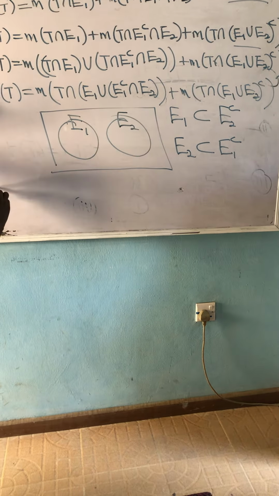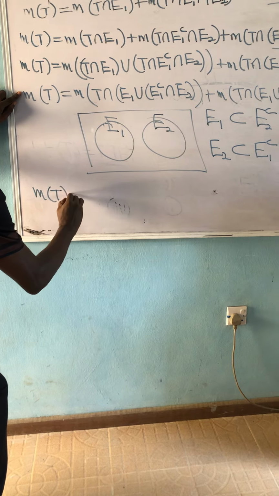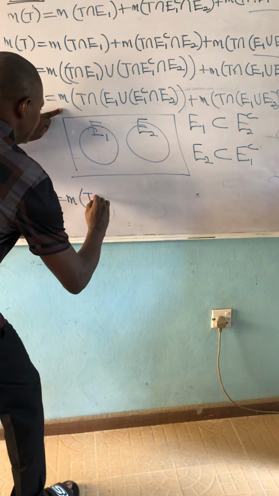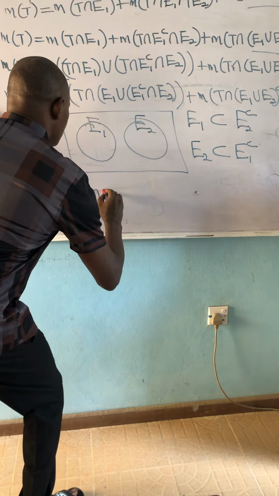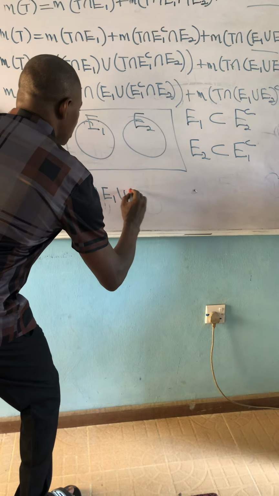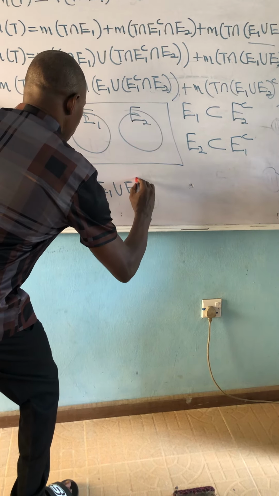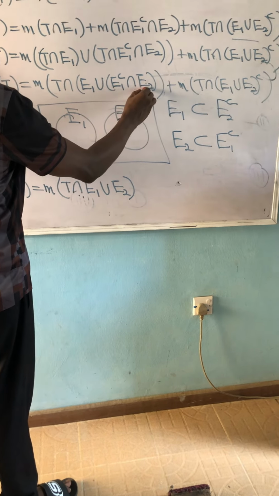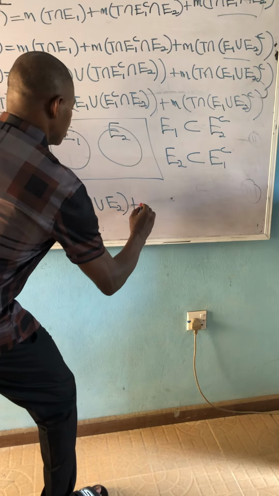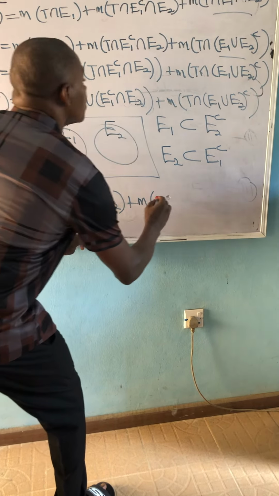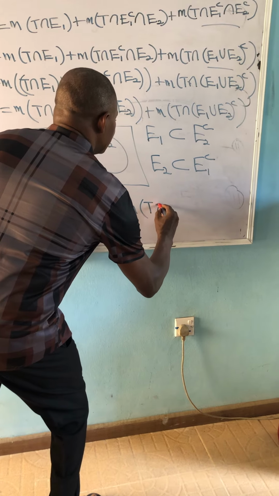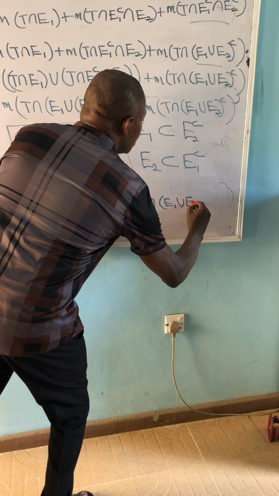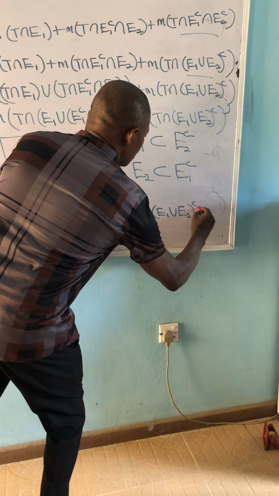So this can now be written as the measure of T equals the measure of T intersection E1 union E2, since this one is inside this so the intersection is this, plus the measure of T intersection E1 union E2 complement.